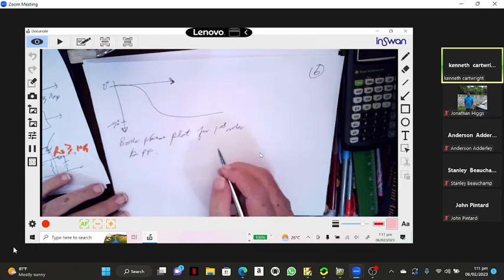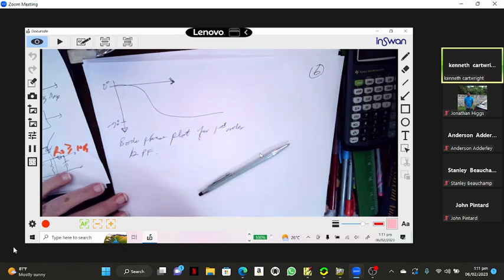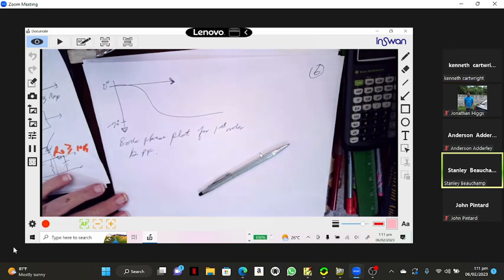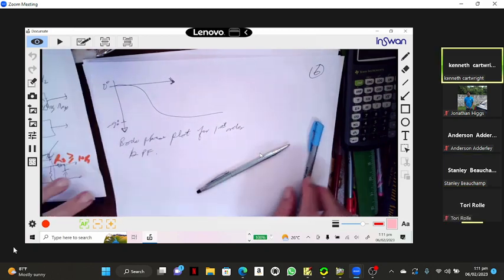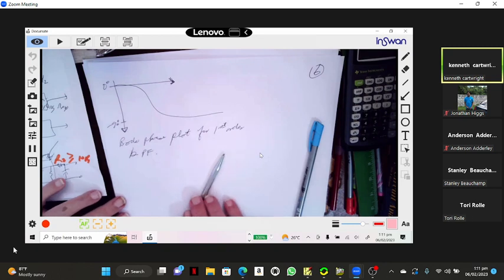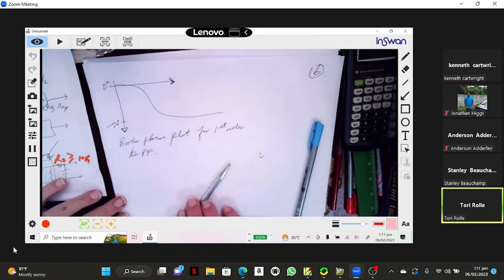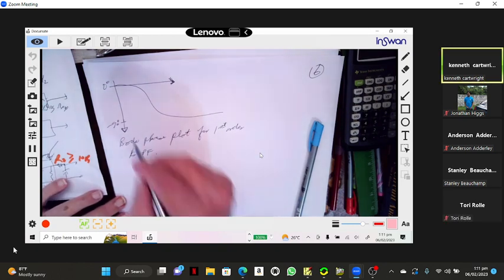And how do we identify the cutoff frequency? It will be minus 45 degrees. Thank you very much.